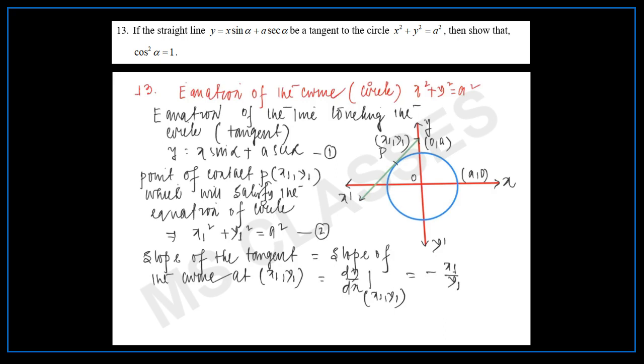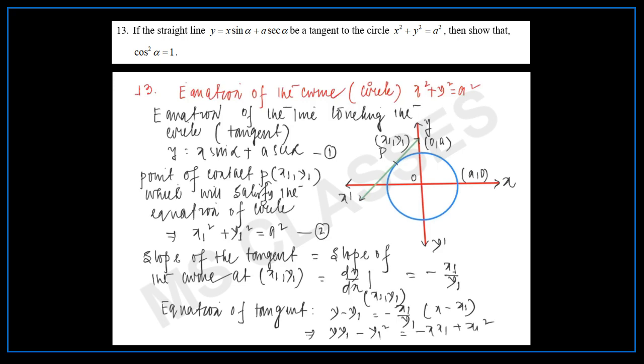Now the equation of tangent: y minus y1 equal to slope into x minus x1. On further simplification, y y1 minus y1 square equal to minus x x1 plus x1 square.